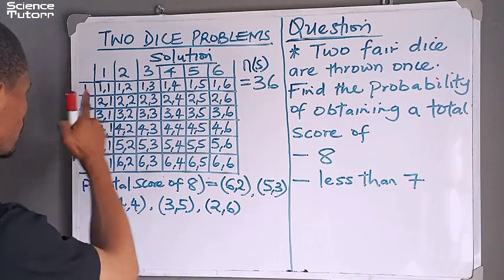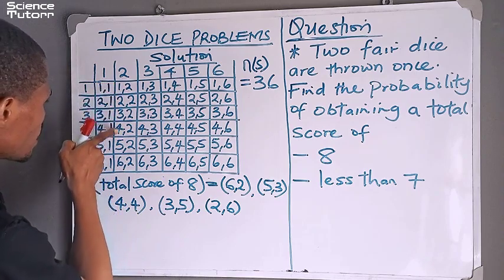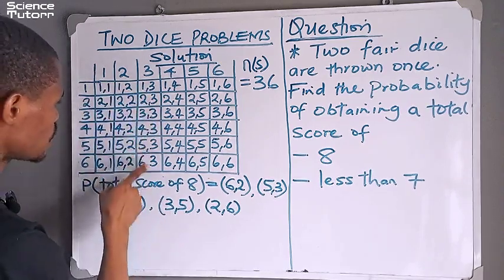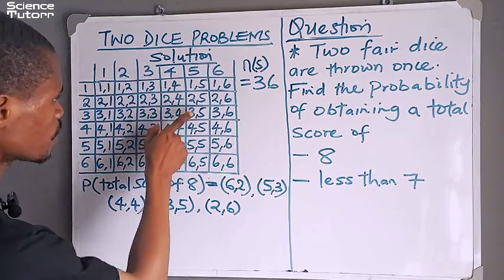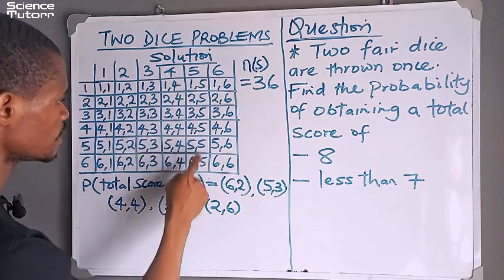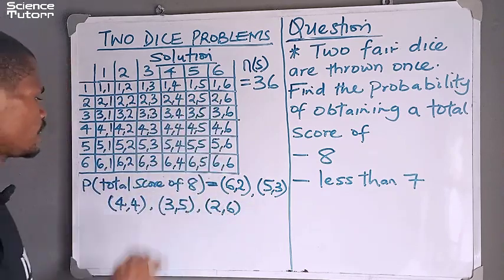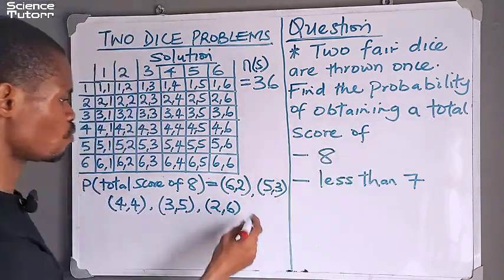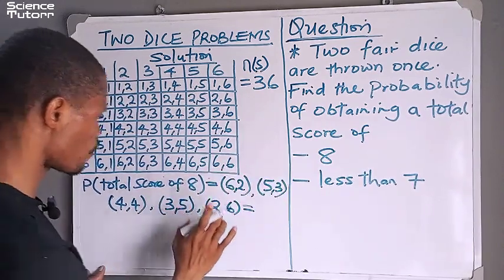So let's cross-check to confirm we are in order. Always ensure you cross-check accurately to get accurate results. 5 and 3, we have 4 and 4, we have 3 and 5, and then we have 2 and 6. At the end of the day, we have been able to obtain a total score of 8, which makes 1, 2, 3, 4, 5.